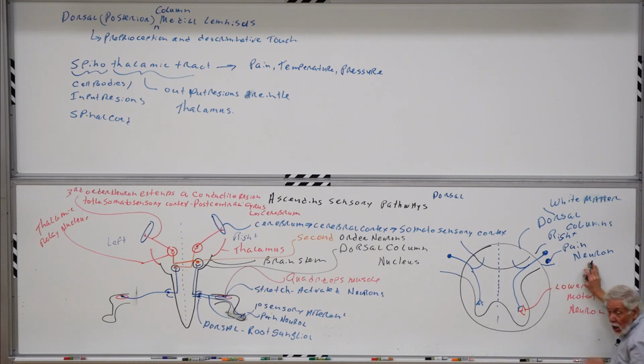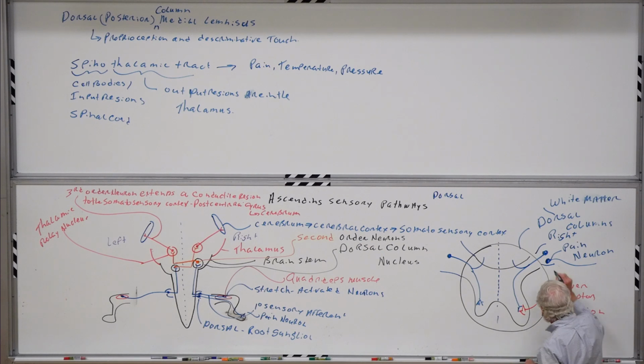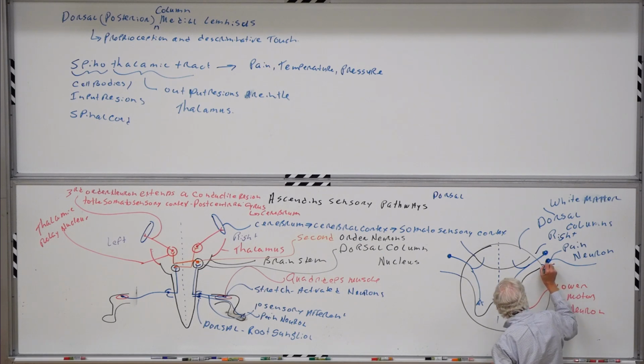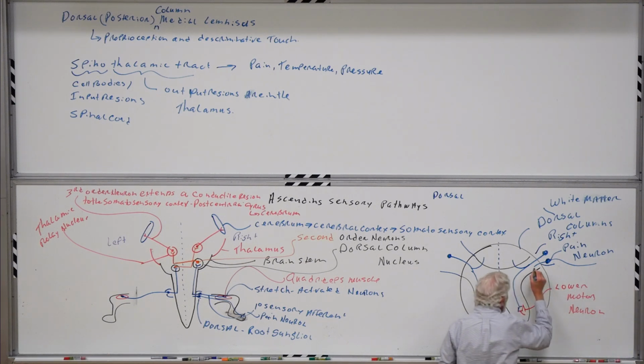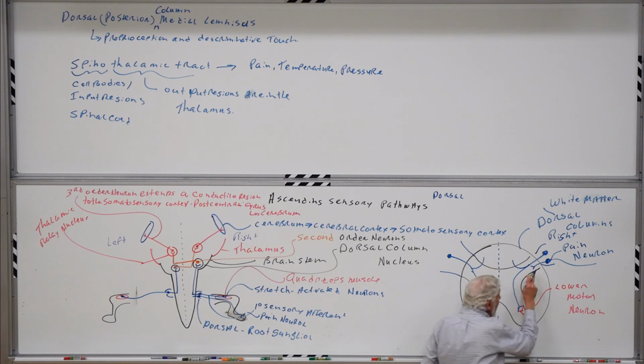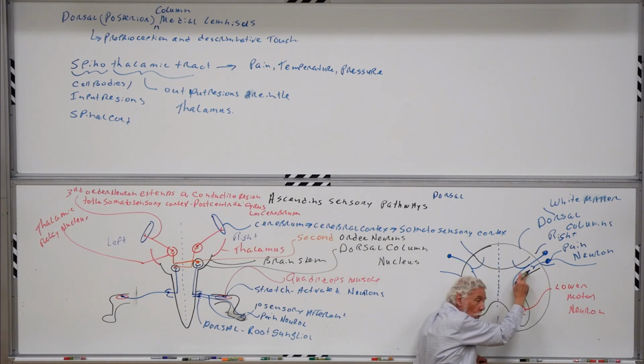It could just as easily be a temperature-sensitive neuron or a pressure-sensitive neuron, but it's a primary sensory afferent. It has this great long process that goes into the periphery and the spinal nerves, but then it has a process that comes into the central nervous system. The primary sensory afferent has its ending almost immediately here in the dorsal horn. So its output region here is in the dorsal horn.